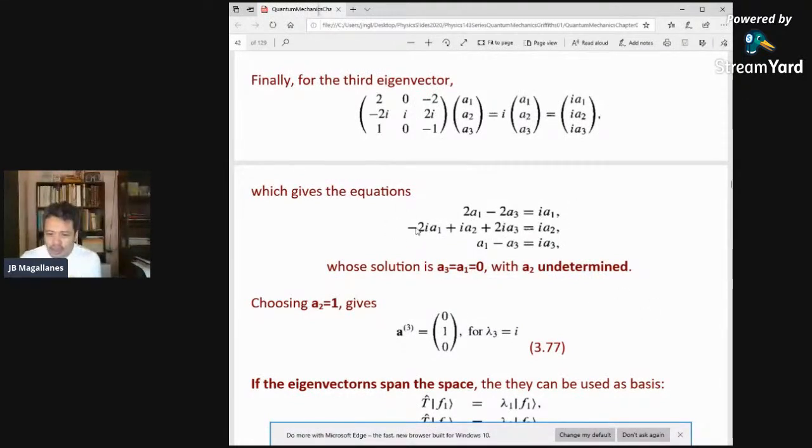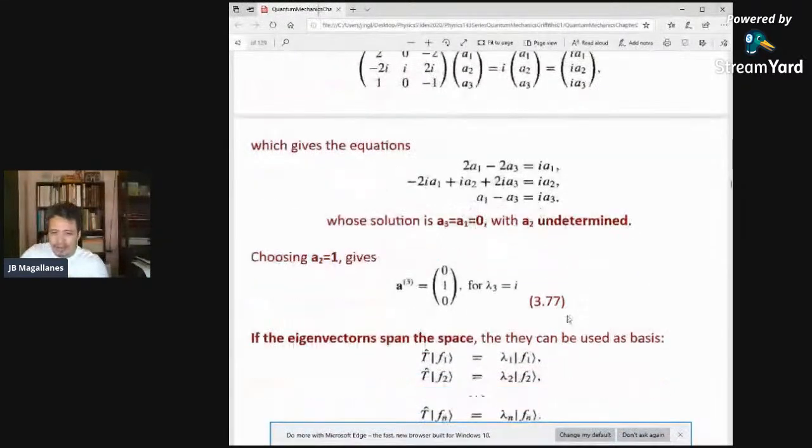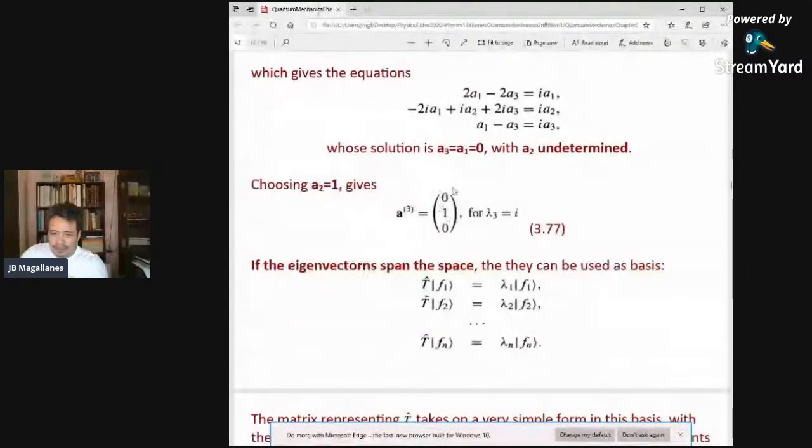And for the second equation, a1 is 0, this is 0, and then you're left with ia2 equal to ia2. So ia2 is equal to ia2 for whatever values of a2, the equation works. So you can just pick a2 equals 1, and then you will have this eigenvector.